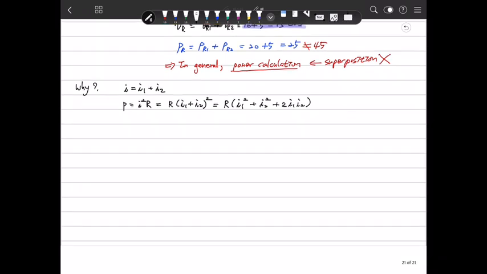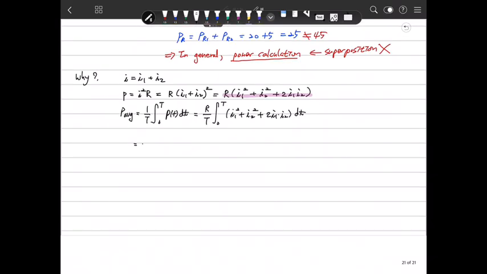So when you calculate the average power, average is the integral over one period of p(t) dt. So we apply those variables here, integral from 0 to T of I1 square plus I2 square plus 2 I1 and I2 dt.